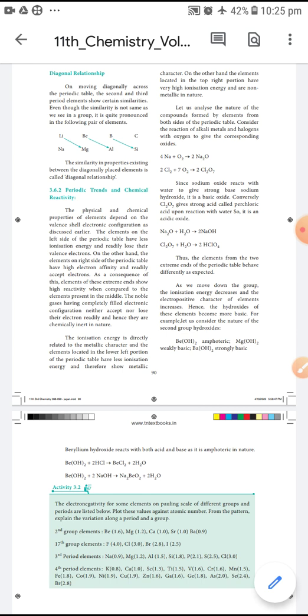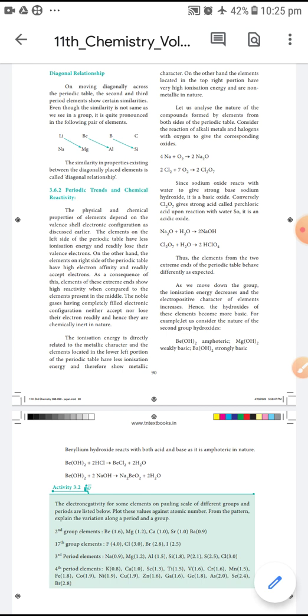The noble gases have completely filled electronic configuration. Noble gases mean helium, neon, argon, krypton, xenon, radon. These elements have completely filled electrons, so they neither accept nor lose electrons. So these elements are called inert elements.